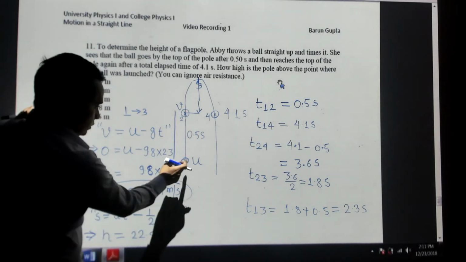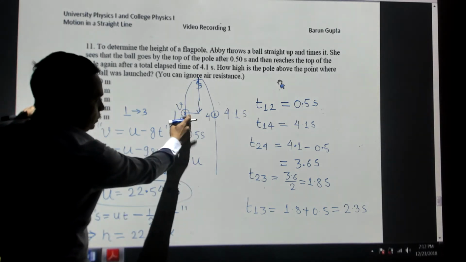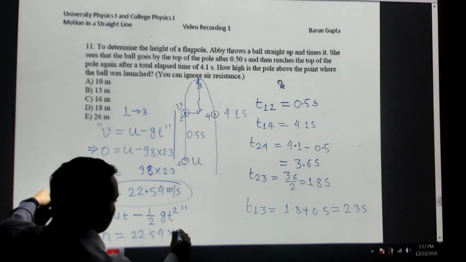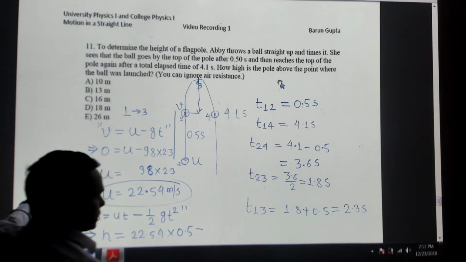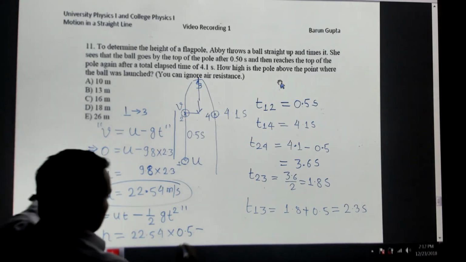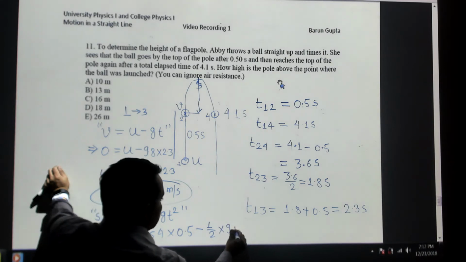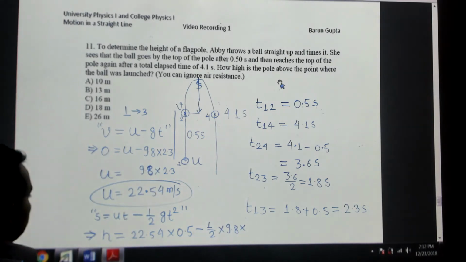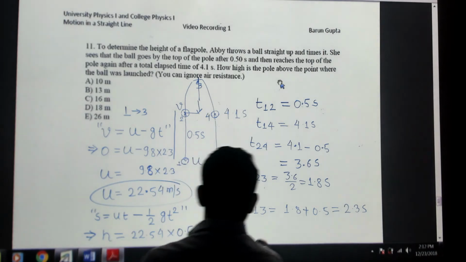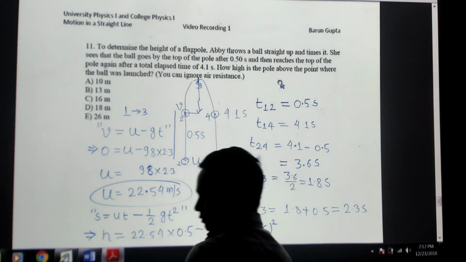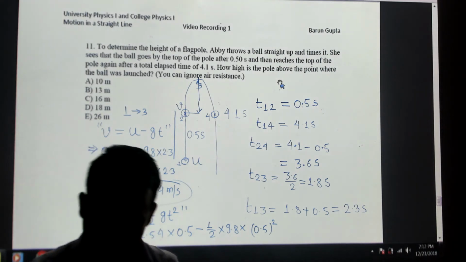So the time to go from point 1 to point 2 is 0.5 seconds. So this is 0.5 seconds minus half g, 9.8, times t squared, 0.5 squared. Just plug in all the information here.